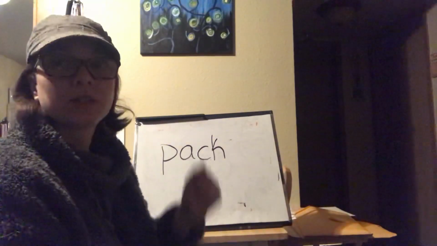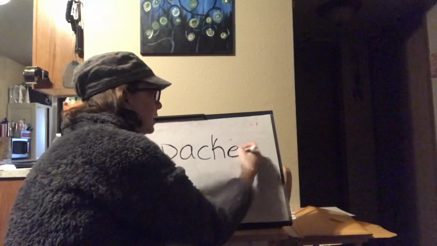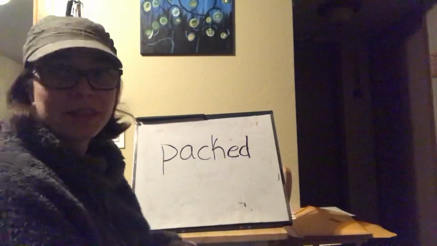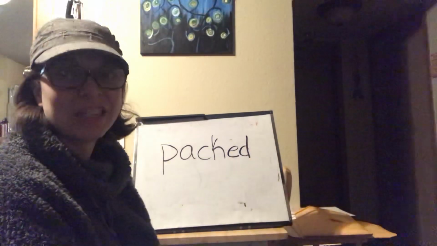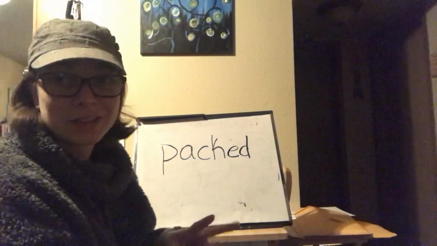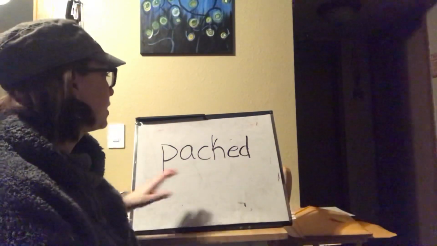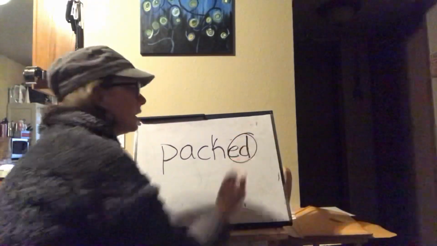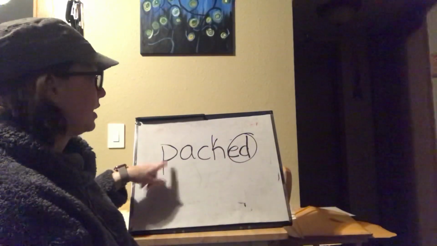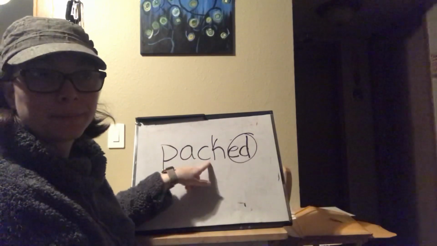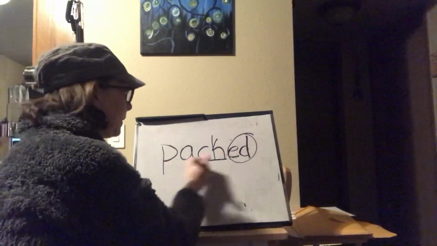And then suffix t. And we learned that when you hear t at the end of a suffix, it's actually ed. So now we have two ways to make the t sound, t and ed. Okay, so if I were to circle my ed, I would know that it should be p-a-c-k for my root word, pack.